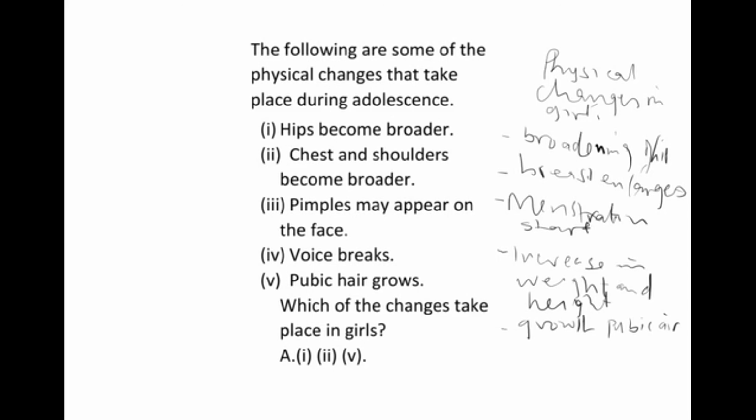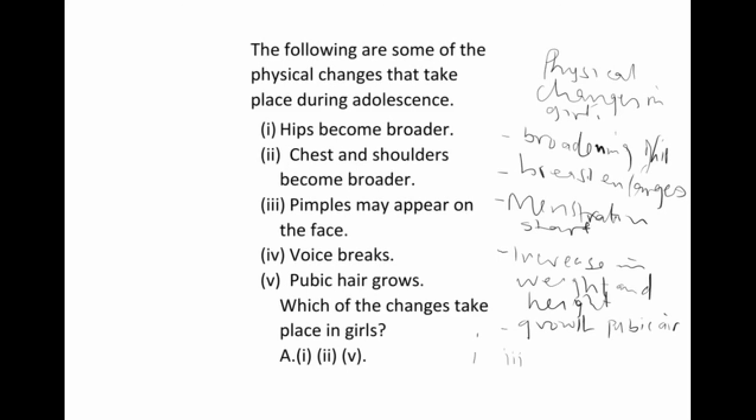So with that information, we look at the changes that we have been given. Roman 1 we have is hips become broader, which is a common physical change in girls. So we have Roman 1. Then chest and shoulders become broader, that is for boys, so we don't take that. Pimples may appear on the face, also that one takes place in girls, although it also occurs in boys. Voice breaks, that occurs to boys only.